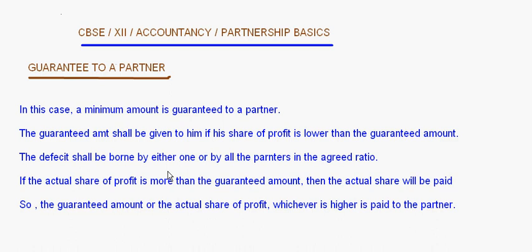At times the deficit may be borne by a single partner also. So if one partner decides to bear all the deficit, that can also be done, or else all the partners share the deficit.